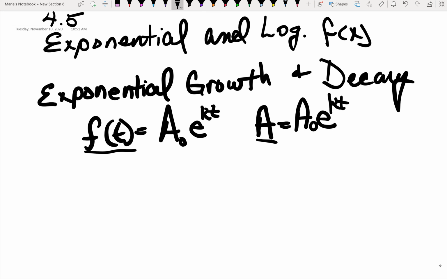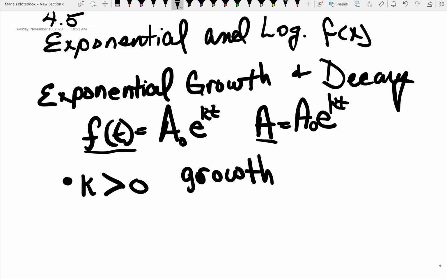So if I'm looking at where k, the value k, is greater than 0, then we have a growth or increase of whatever it is, whether bacteria or finances, what have you. And if we have k less than 0, then we have decay. We have a declining value or growth model in that case.